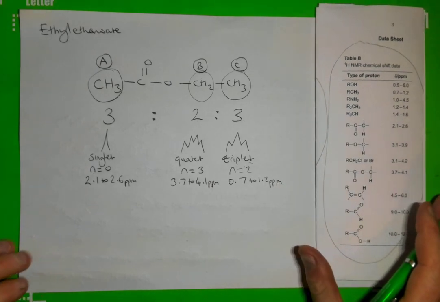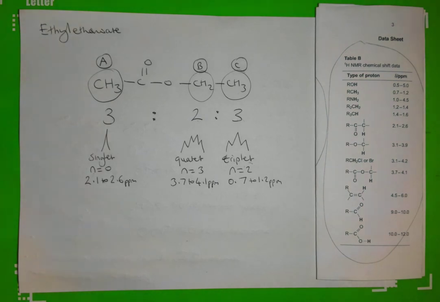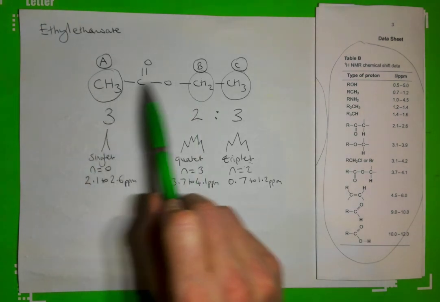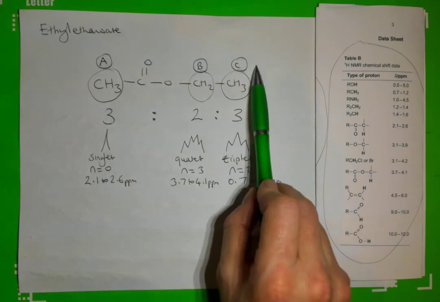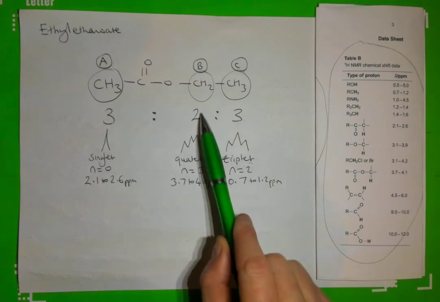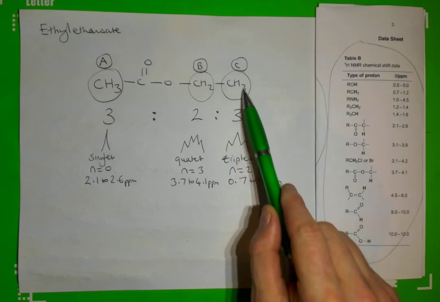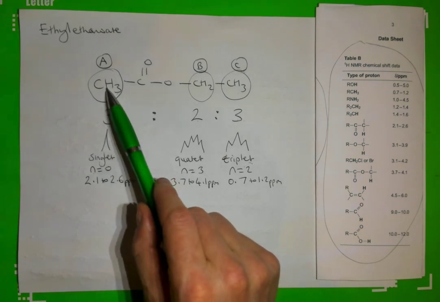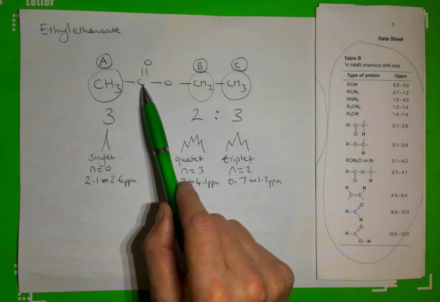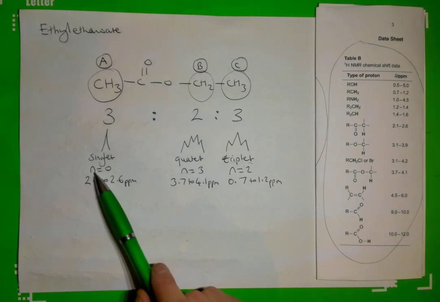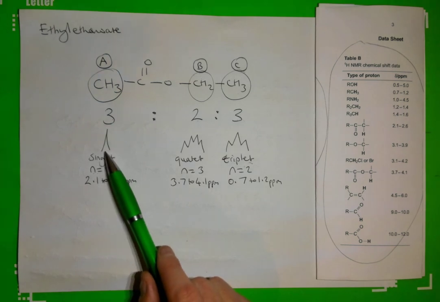Okay, so let's just recap this. 3 different environments here, 1, 2, 3, labelled A, B and C. An integration ratio of 3 hydrogens, 2 hydrogens, 3 hydrogens. This one is a singlet because the adjacent carbon has no hydrogens, so N is equal to 0. So N plus 1, 0 plus 1 is 1, singlet.